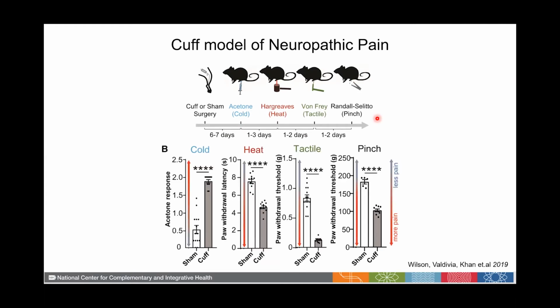This is just a proof of concept that when the animals have the cuff, you see robust hypersensitivity in all the different modalities. And of course, the sham has no effect on the behavioral responses.